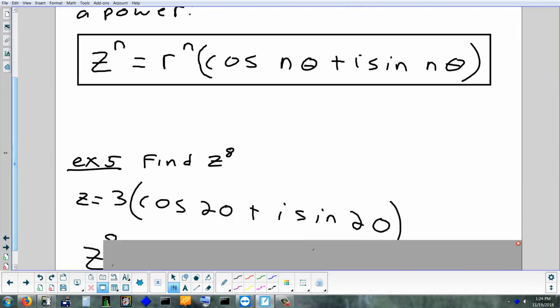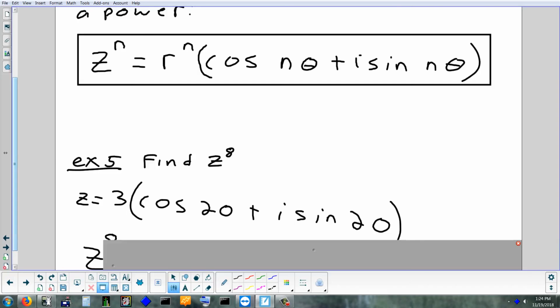Okay. So my coordinate is already in polar. That's what's going to make this really fast. So DJ, what's my radius that I'm working with this time? 3. And what does the formula say to do? Take the radius and do what with it?